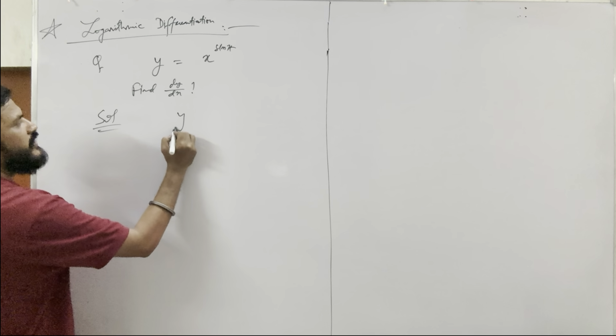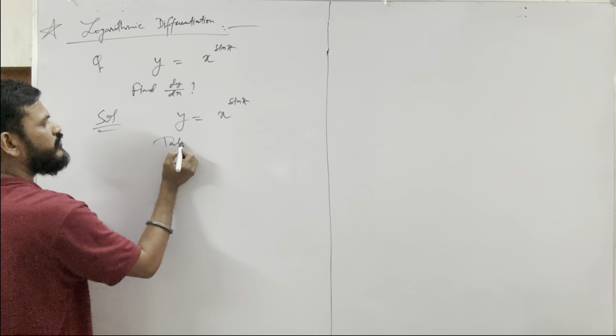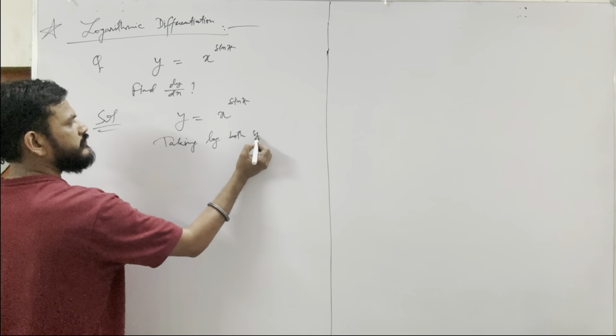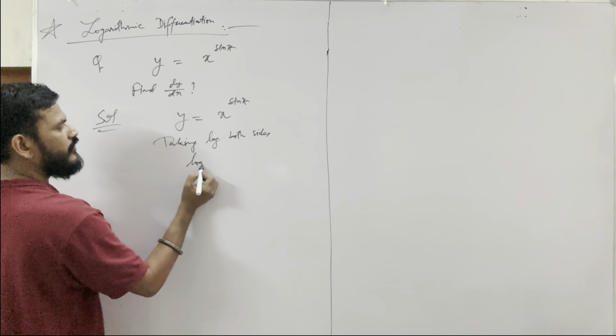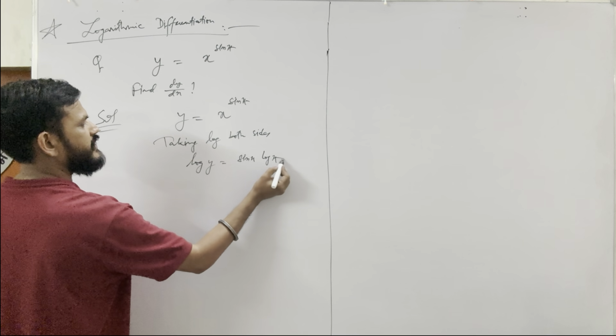So we take y equal to x to the power sin x, we take log both sides, you have log y is equal to sin x log x.